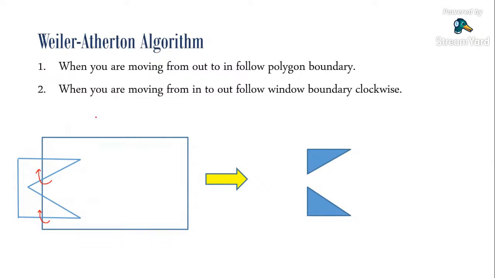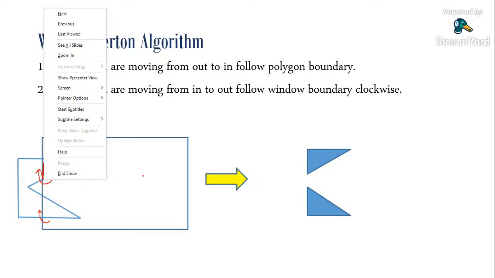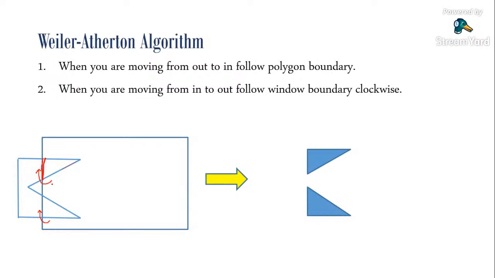Whenever you are moving from out to in, at that time follow the polygon boundary. This is the polygon boundary. And whenever you are moving from in to out, at that time after clipping follow the window boundary clockwise, so that this object will be closed.